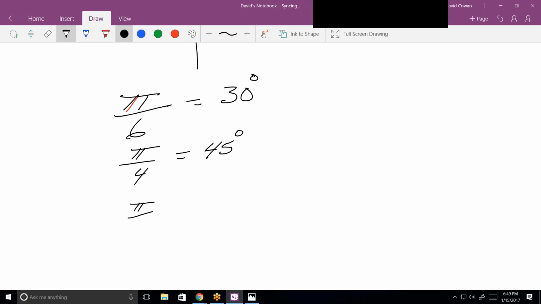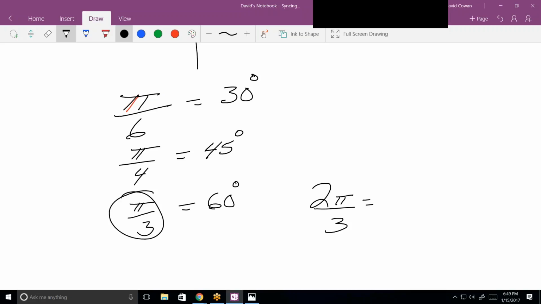Pi over 3 is equal to 60 degrees. You get the picture? What's 2 pi over 3 equal to? 120. Yeah, in other words, 2 pi over 3 is 2 of these, so we just multiply 60 by 2.